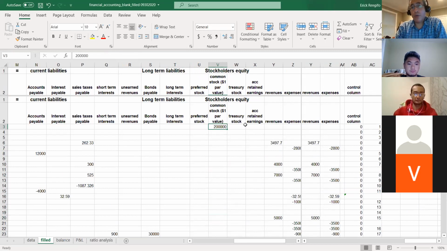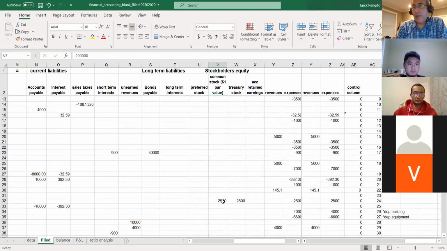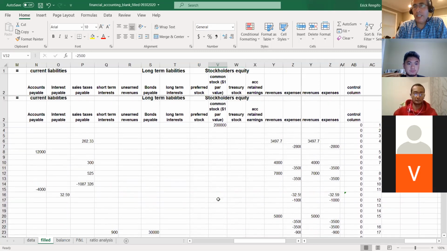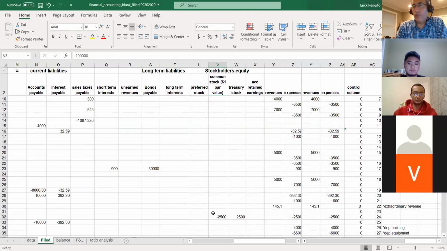Sometimes corporations are liquid and have enough liquidity that they can buy their own stocks. Got it? In this case, I'm buying at par. So this implies that I'm buying 2,500 shares at $1 each. So basically the owners are not making any money, because you invested $1 and then you are being paid $1. So basically you don't have capital gains. Make sense to you?